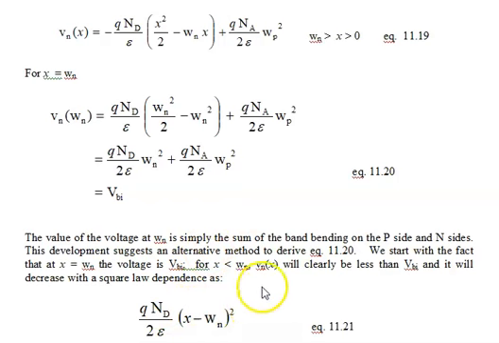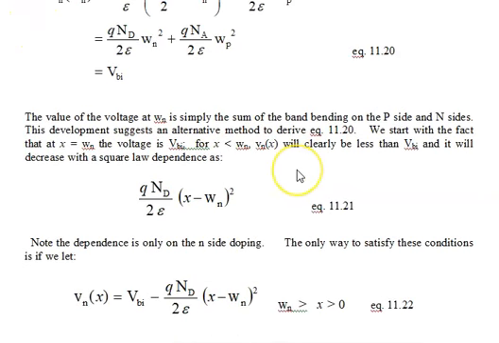So if we start with the voltage on the N side, we know that as X increases, the voltage will decrease. And that's what we're saying here. It decreases with a square law dependence, and on the N side, of course, it only depends on Wn. We don't have any P doping or Wp. So the dependence is only on the N side doping.